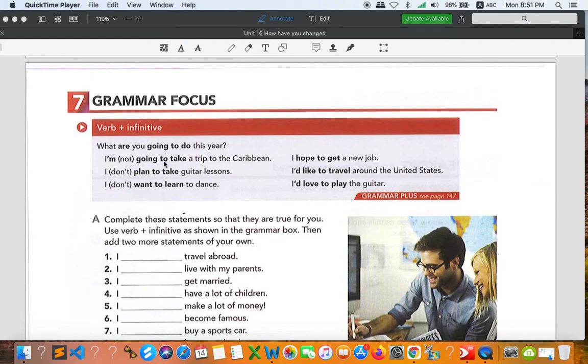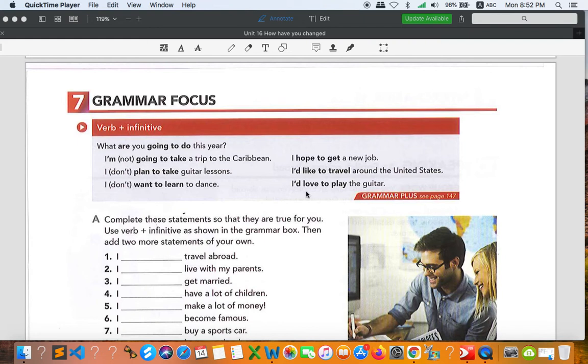When you want to talk about your own future plans, you can use all of these grammar points: be going to, plan to, want to, hope to, would like to, and would love to. These are ways to describe your future plan.